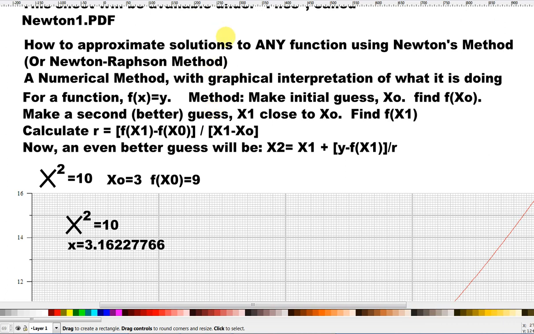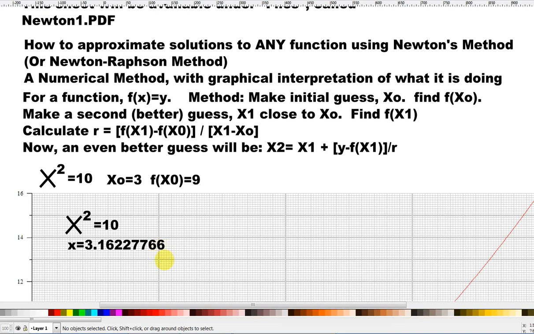When we do the x to the x one, we won't cheat. We won't have any idea what's going on. But let's cheat here. On our calculator, we have a button. If we want to solve x squared equals 10, all we do is take the square root of 10, and that gives us x. So the answer we're really looking for here is 3.16227766, but this is an approximation given to us by the calculator.